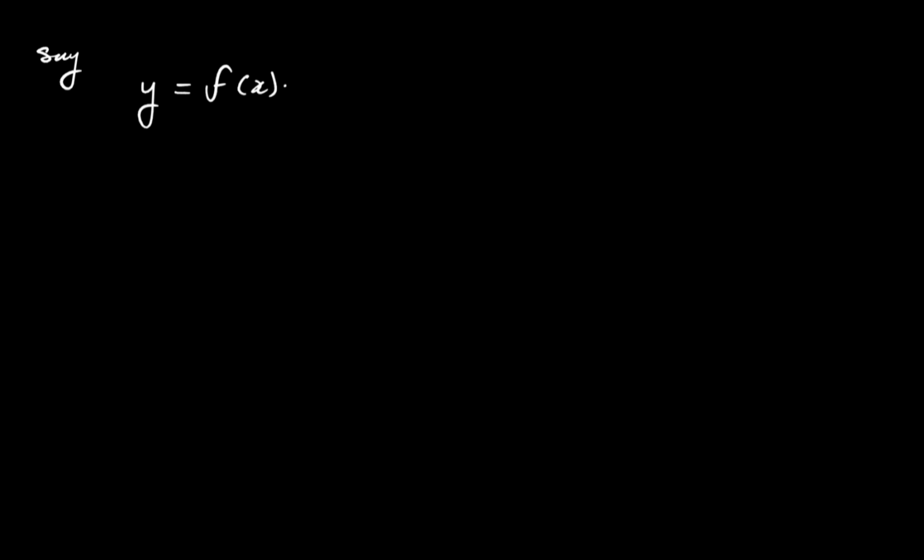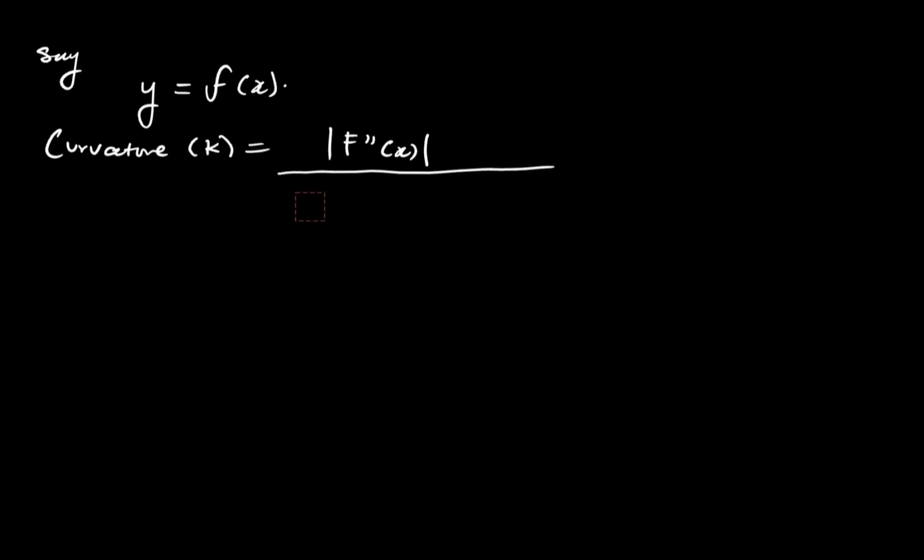If we want to find the curvature, or we can write it as k, be mindful that we use the formula, which is the magnitude of f prime prime of x, which means the absolute value of that second derivative at x, over 1 plus f prime of x squared, then this is all to the power of 3 over 2.